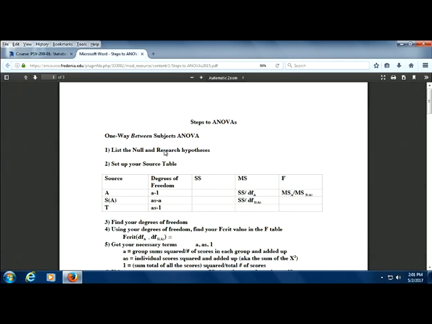And when we have an ANOVA, okay, what that is, it's going to be where now we have a variable, but instead of just two levels, we have three or more levels of that variable, okay?